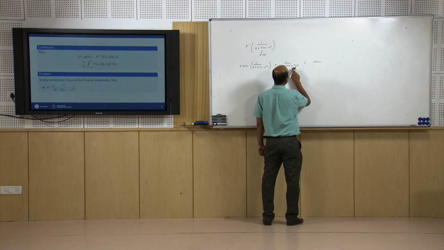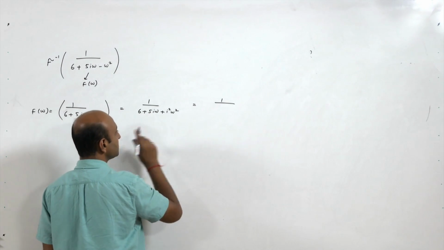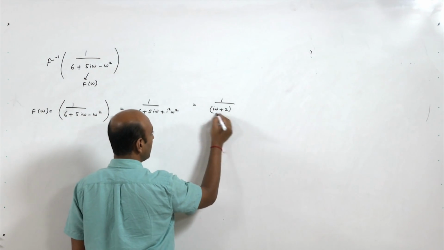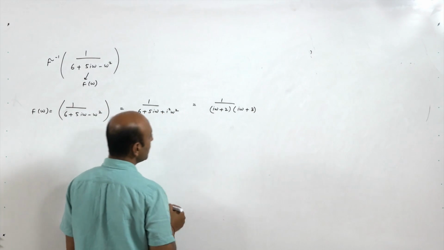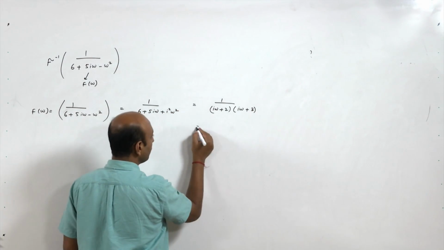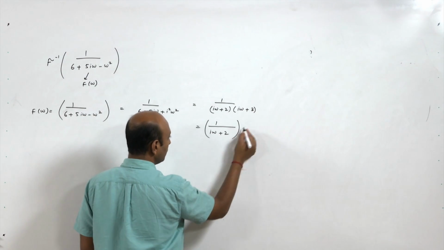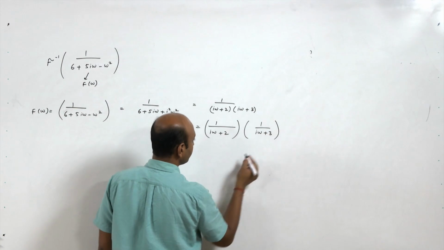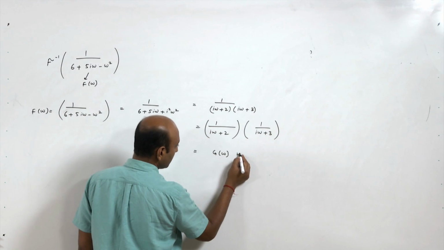This is a square plus 5a plus 6, so this is (j omega plus 2) into (j omega plus 3). So, this is nothing but 1 upon (j omega plus 2) into 1 upon (j omega plus 3). This is something like G(omega) and this is something like H(omega).